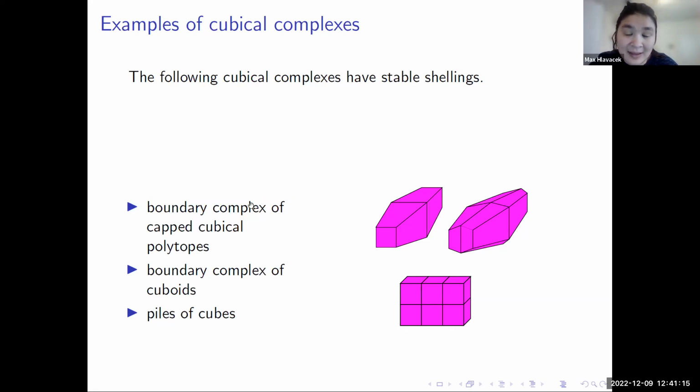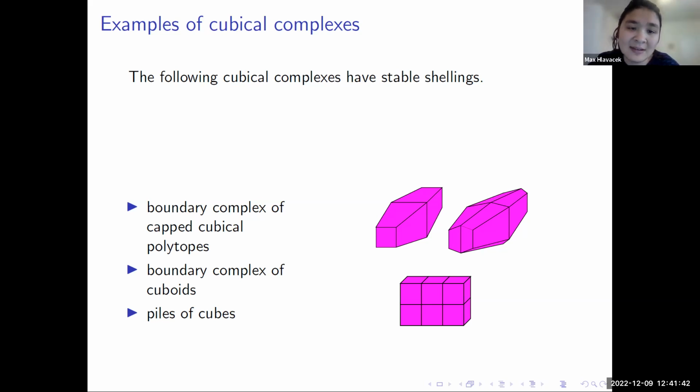And lastly, a capped cubical polytope. What that is, you start with a cube and then you start replacing the faces of that with little cubes with one face removed. So for example, we're taking 2 cubes, we're removing the face of one of them and then gluing them together. If you keep doing that in more and more complicated ways, you get the family of cubical polytopes called capped cubical polytopes.